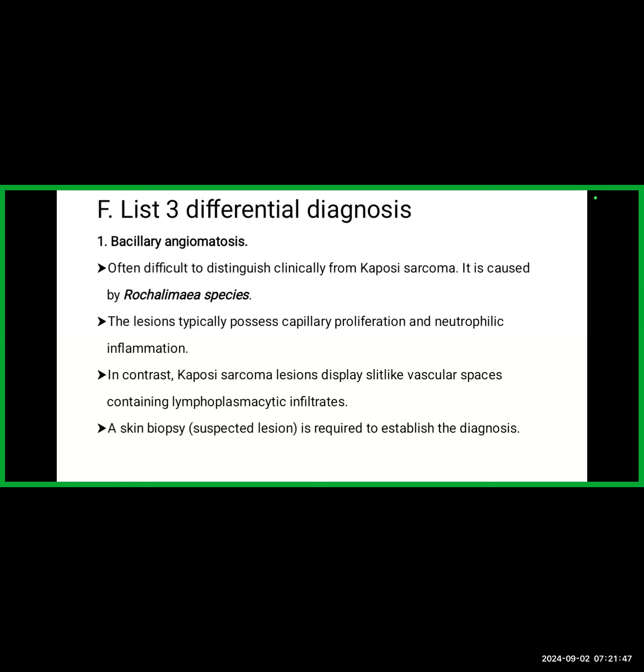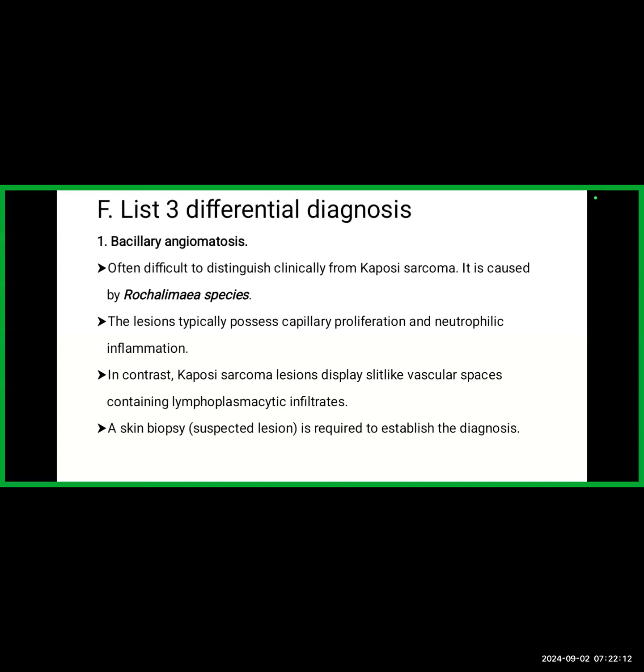The organism that causes bacillary angiomatosis, the Bartonella henselae or quintana, and Kaposi sarcoma, they all have predilection for the vascular endothelial cells, the macrophages, and red blood cells. They induce cutaneous angioproliferation.